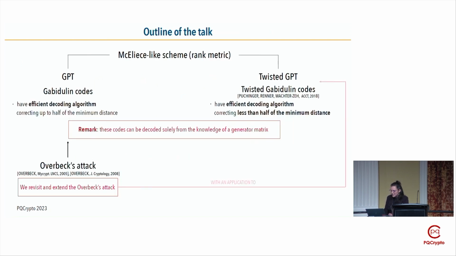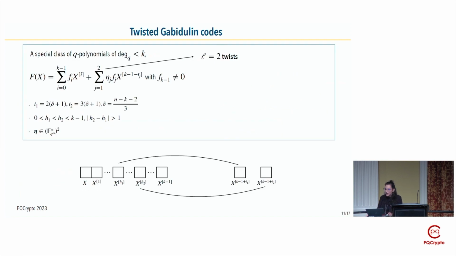Okay, so let's now talk about twisted Gabidulin codes to then describe the twisted GPT system. In order to define them, we need a special class of Q polynomials of degree bounded by k.